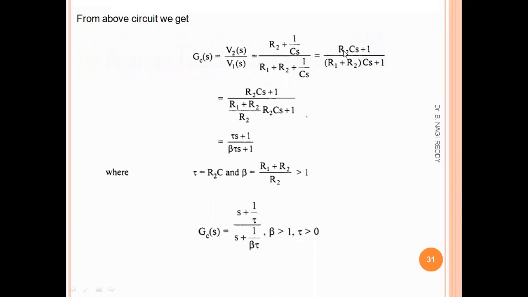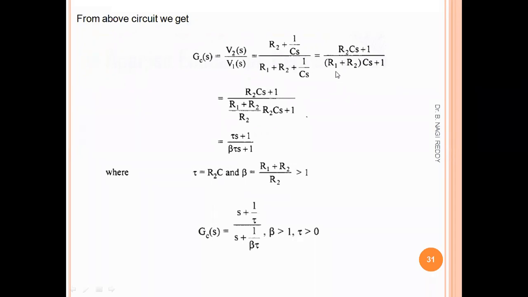Now simply take R2 as common in the denominator. Then we replace (R1 plus R2) by R2 as beta, and R2 into C as tau.